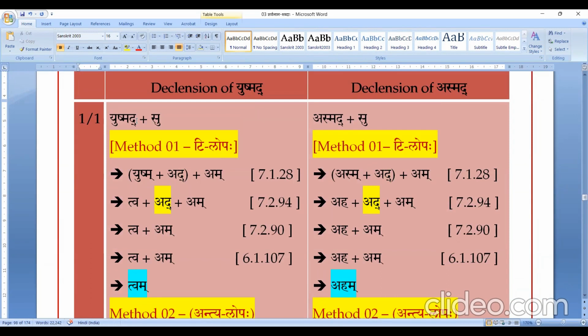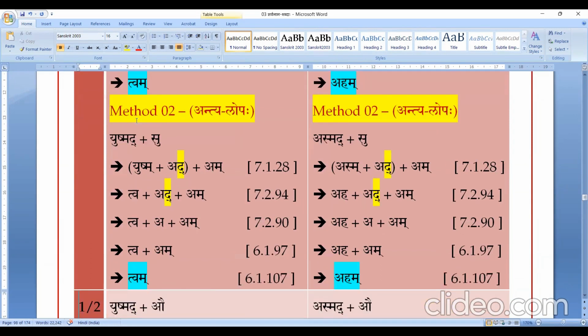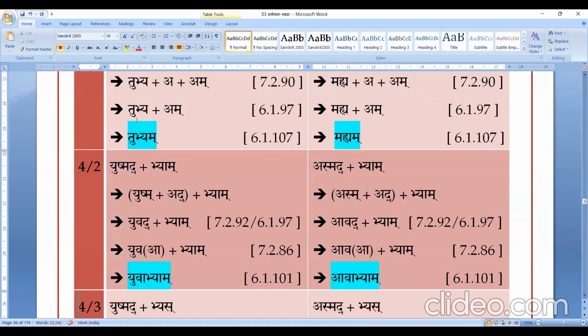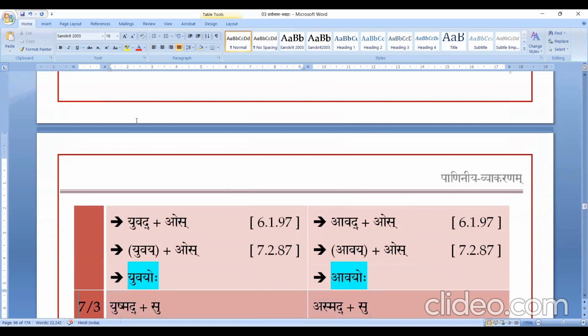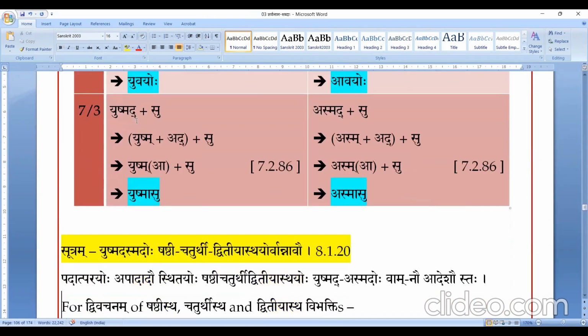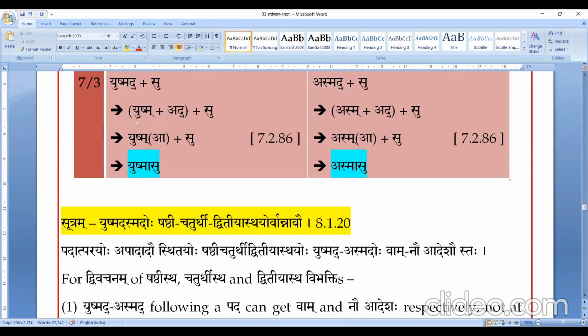In fact, the summary is also in the form of a table, a table with colors, nothing else. So you can go to the summary. Then we have the alternate forms, right? Tvam, Tva, Yuyam, Vam, Yushman, Vah. Similarly, we have them in the Asmad Shabda also.